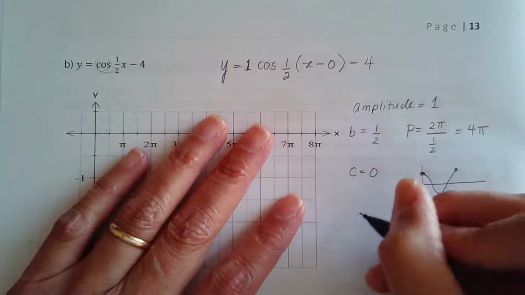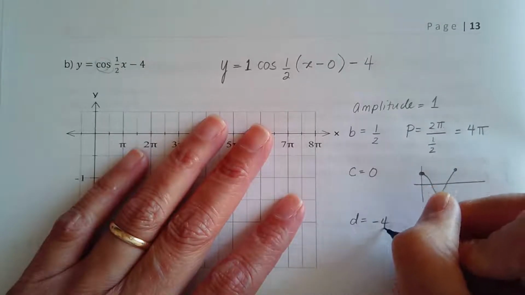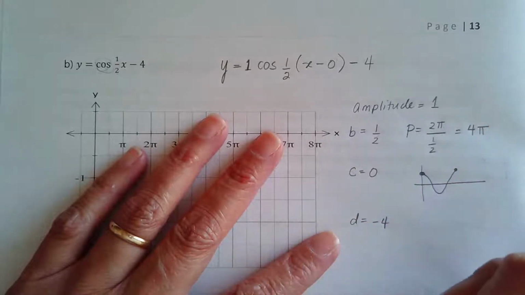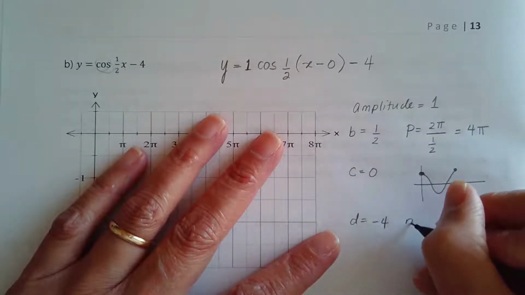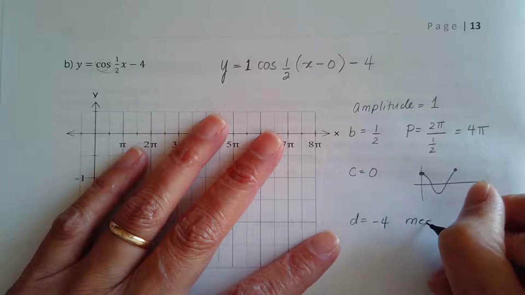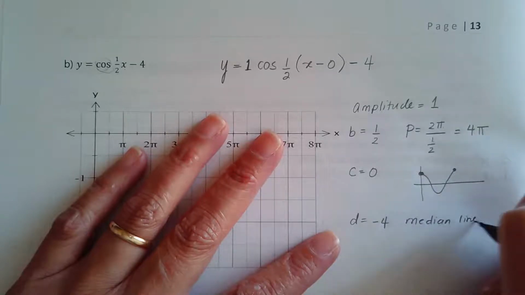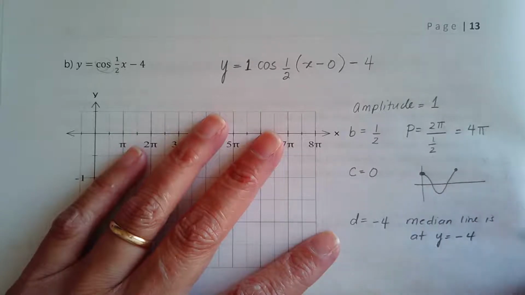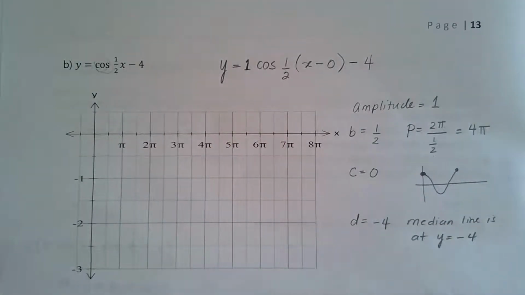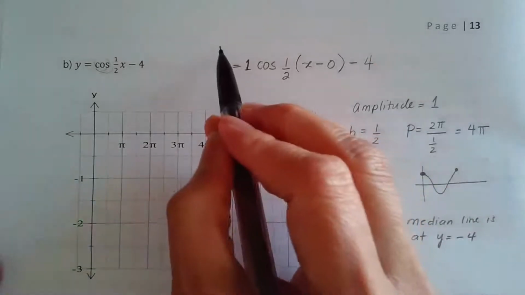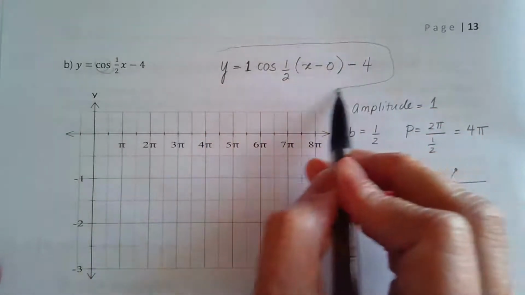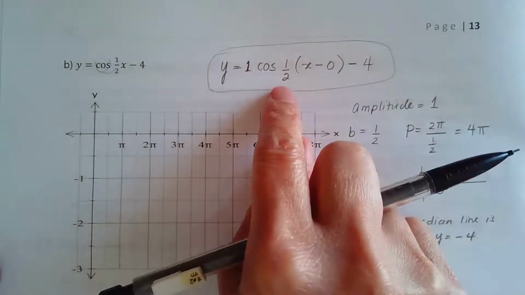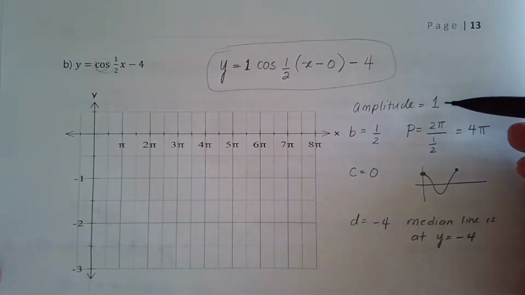So x at 0, so there's no horizontal shift. And then D is equal to -4, so that means everything was brought down. The median line is at y equals -4. Okay, so just by looking at this function, we can figure out the amplitude.